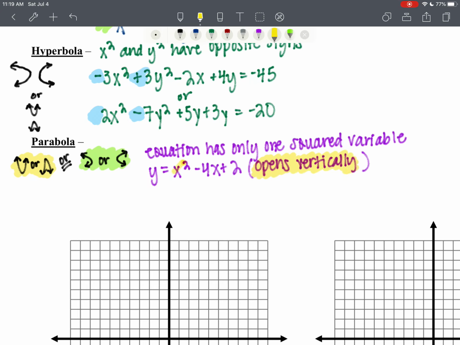That's because your x variable, your input, your horizontal axis, is the variable that is squared. You could also have x equals y squared plus 2y minus 3. That's going to be an example of a parabola that's opening horizontally.